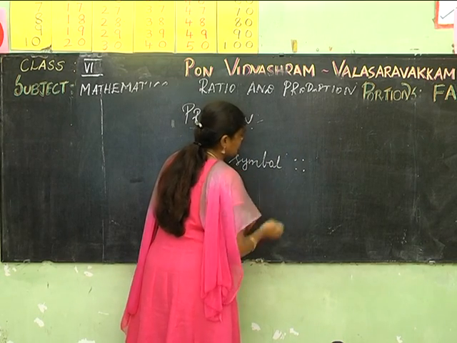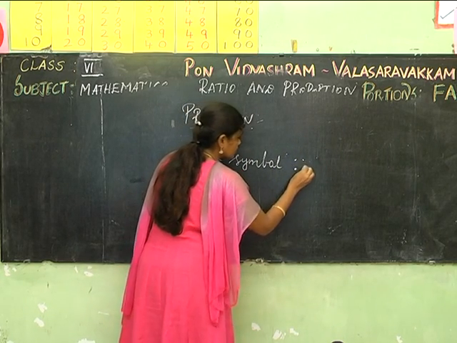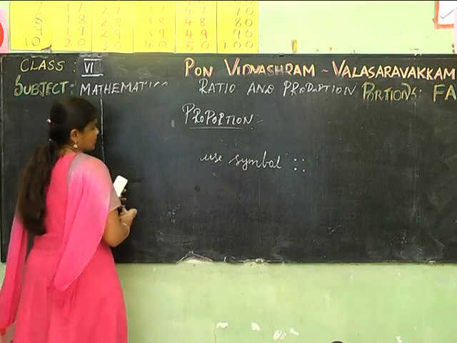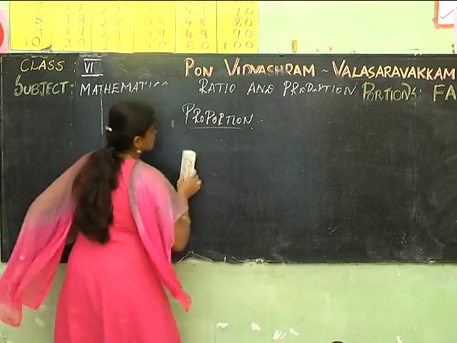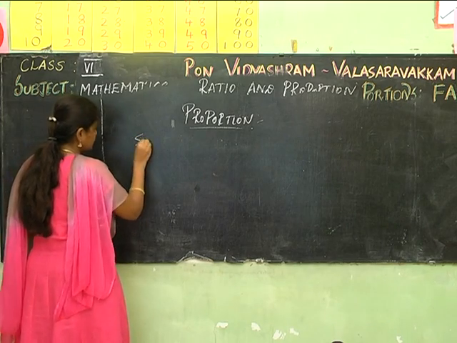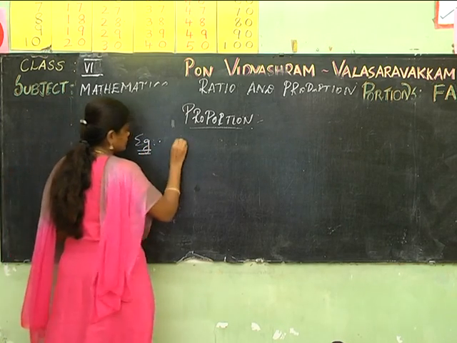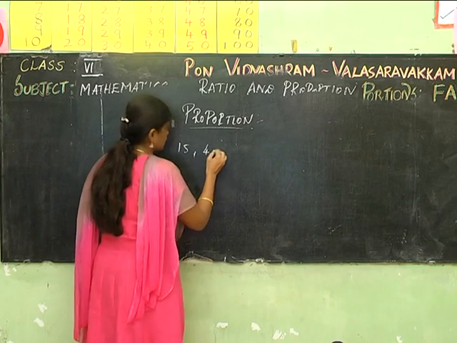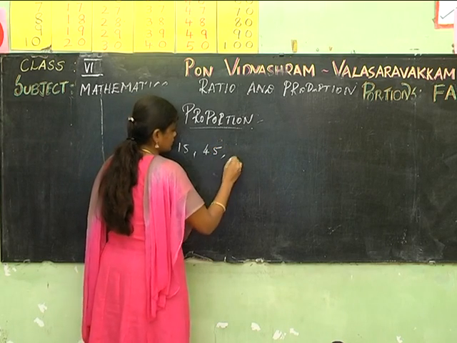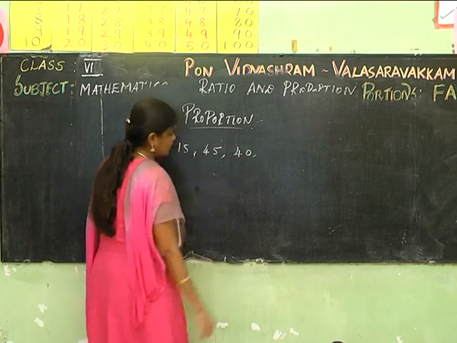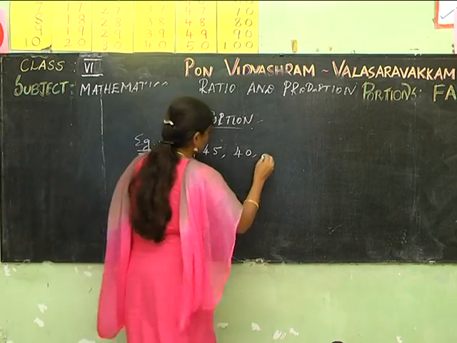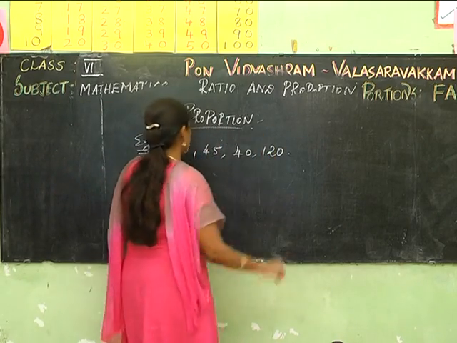This is the symbol of proportion. Example: 15, 45, 40, then 120.